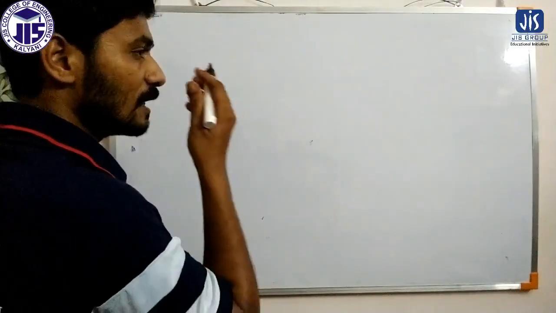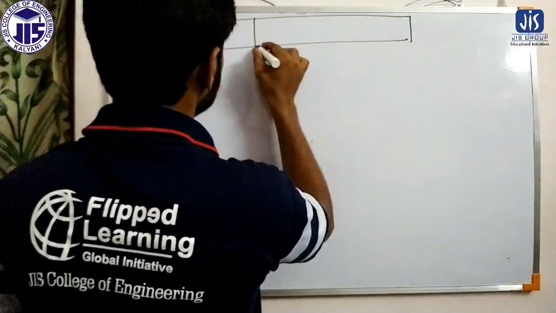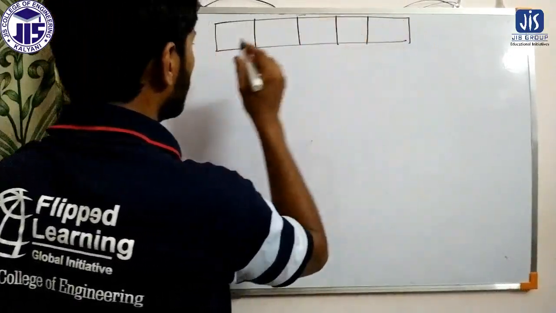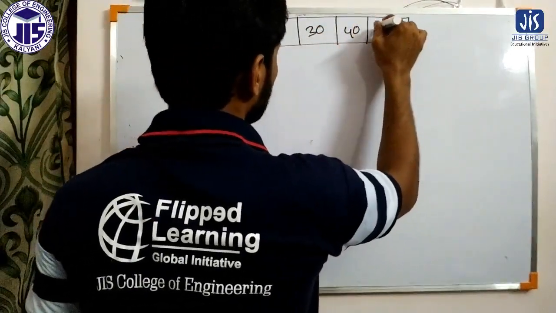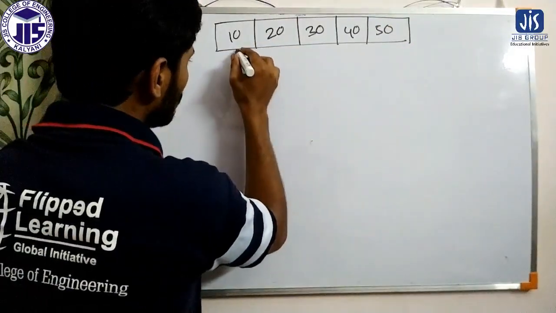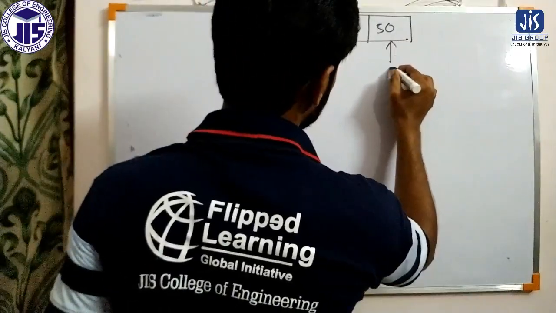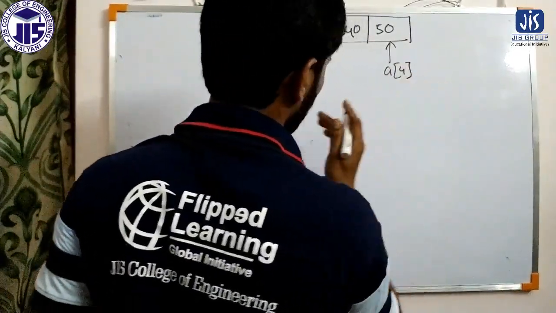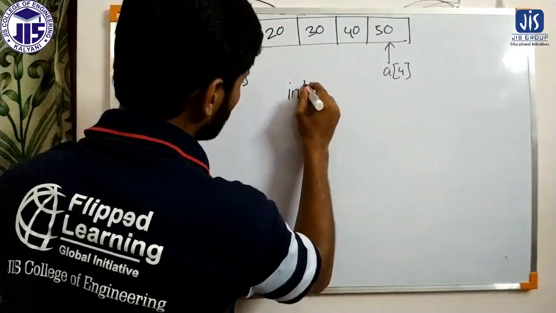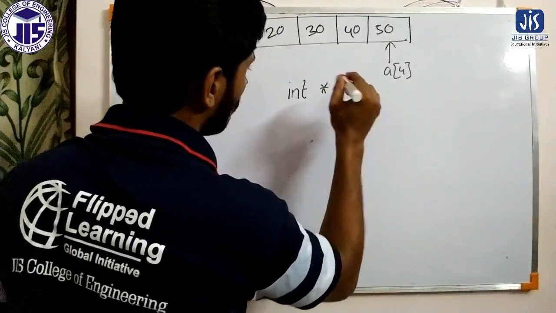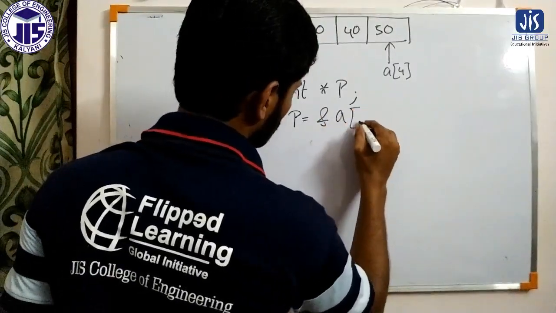So let us consider similarly an array. Five elements are there: 10, 20, 30, 40 and 50. So this is the A0 element and this is our A4 element. And we have taken a pointer variable, an integer pointer P. P equal to address of the A0 element.